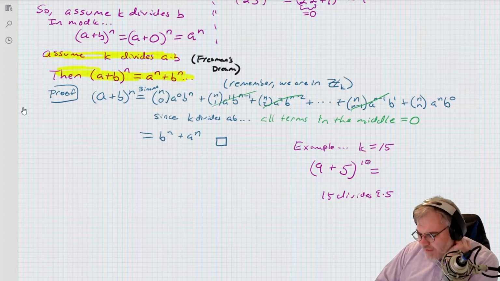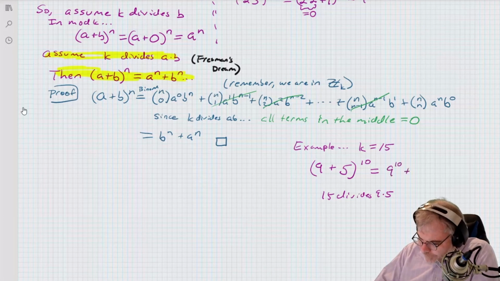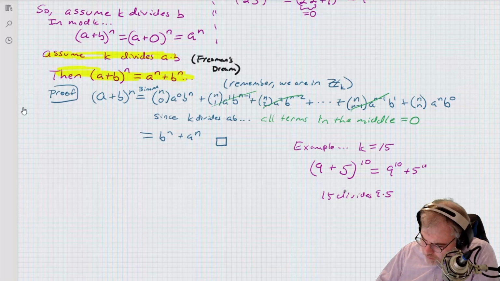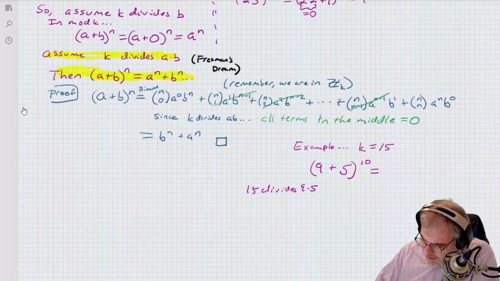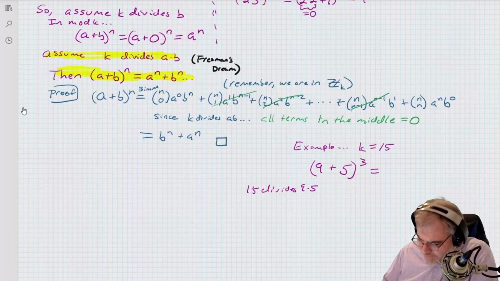Let's look at the stuff in the middle. Let's do 9 plus 5 cubed, something that's not going to give a ton of terms, but at least gives more than 2.